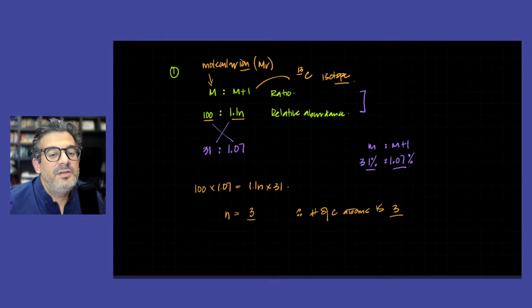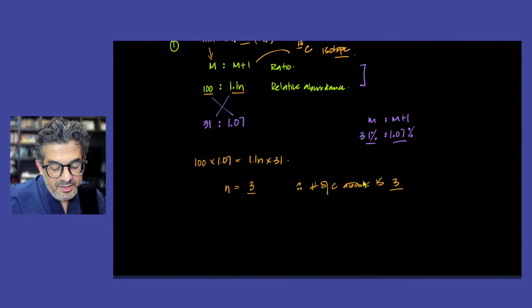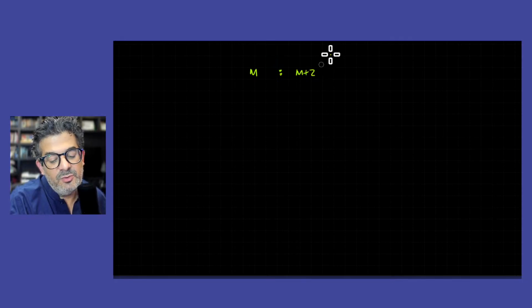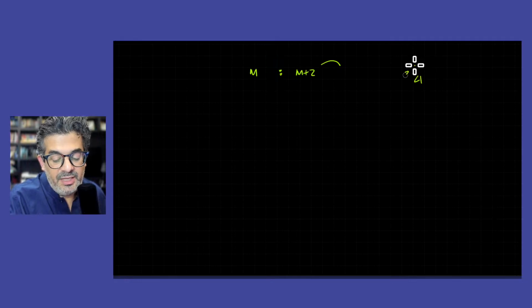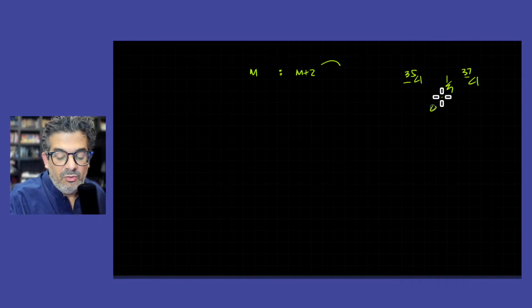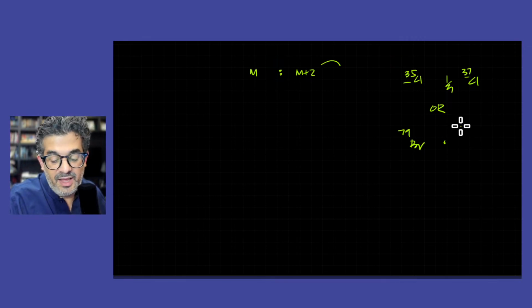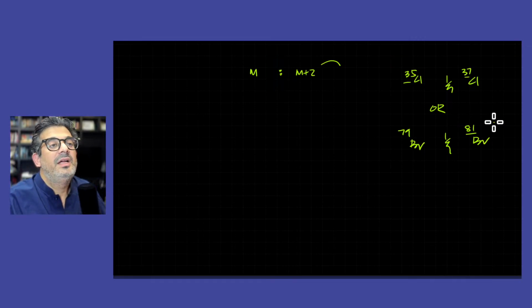Now that's one use for it. The other use is if the molecule has an M+2 peak. The reason you have an M+2 peak is that your molecule might have chlorine, with chlorine-35 and chlorine-37, or one bromine, with bromine-79 and bromine-81, which are isotopes. So the mass spectrometer will show different masses based on the different isotopes.